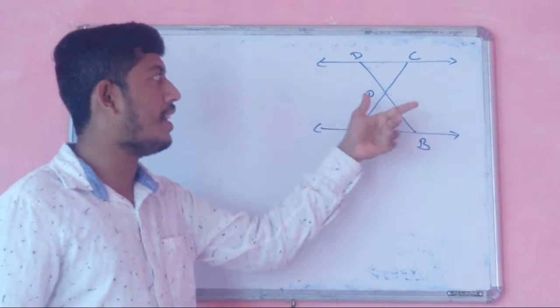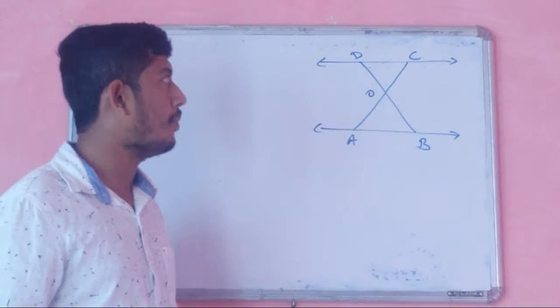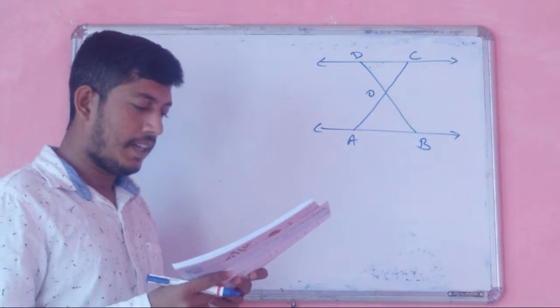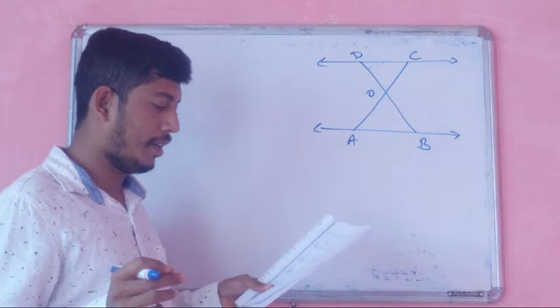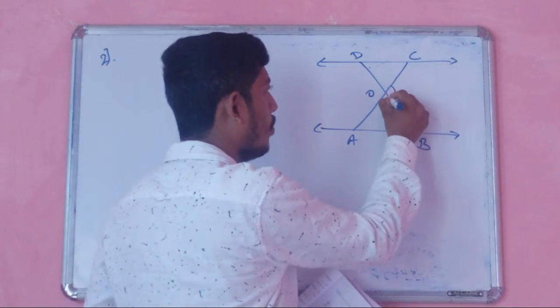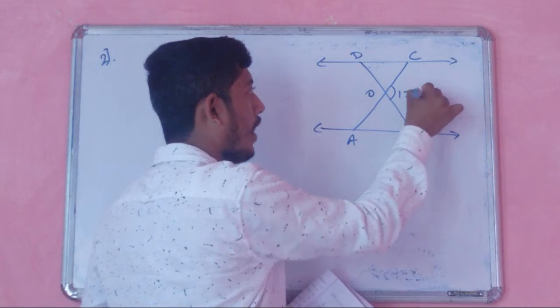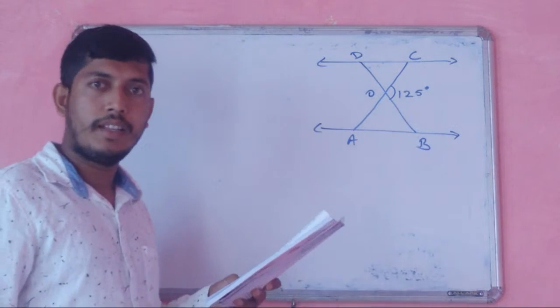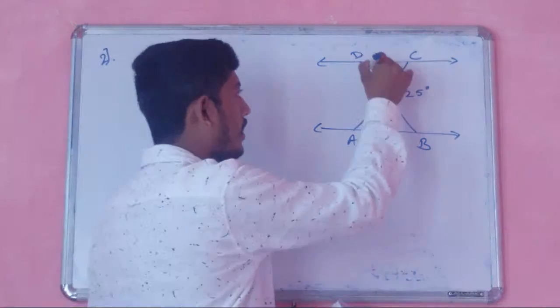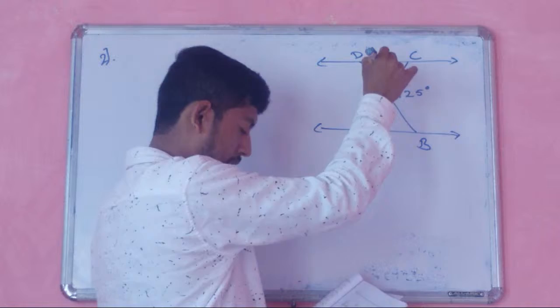The lines AC and BD intersect at point O. Now here angles are given. Angle BOC is 125 degrees. Then angle CDO is 70 degrees.